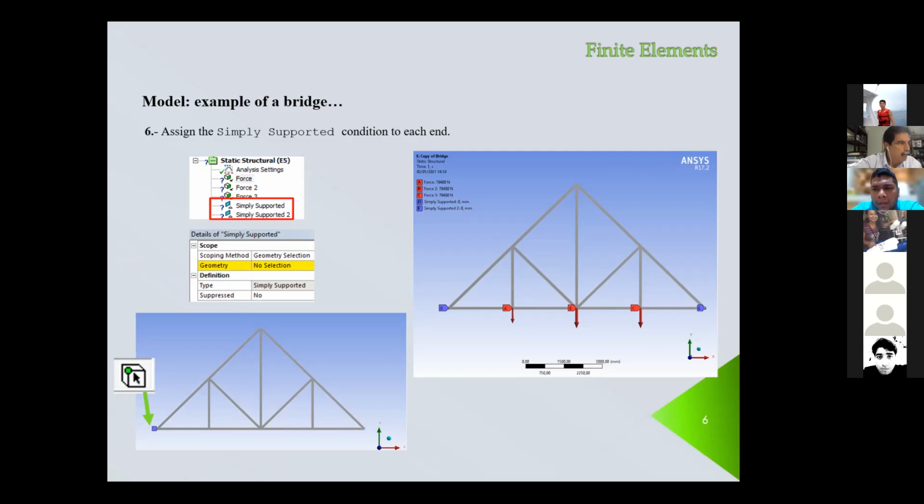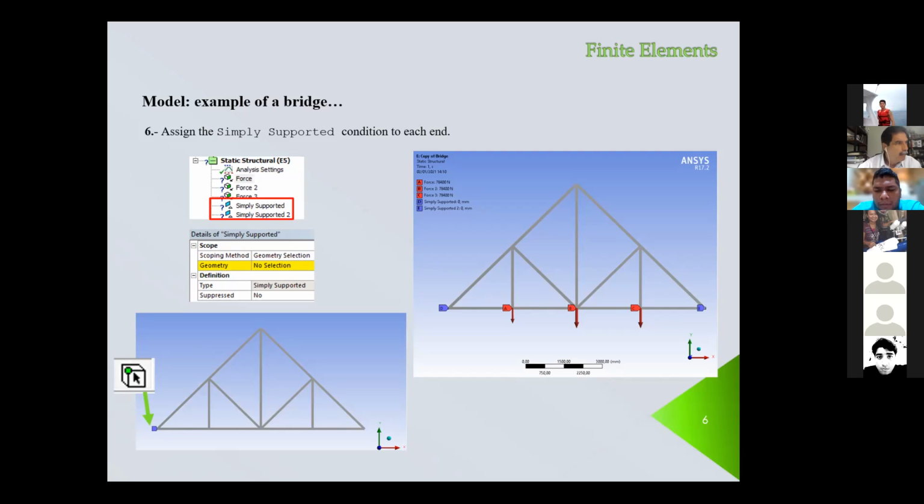So you can put force by selecting lines or points, because we use beam elements, right?